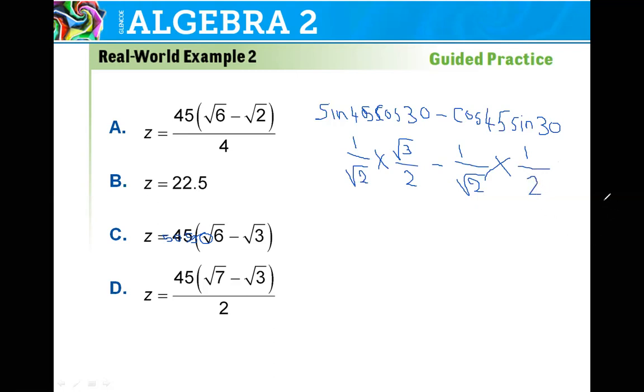After that, we calculate by using our calculators. So we have here 1 over root 2, and then multiplied by root 3 over 2, and then minus 1 over root 2 multiplied by half.